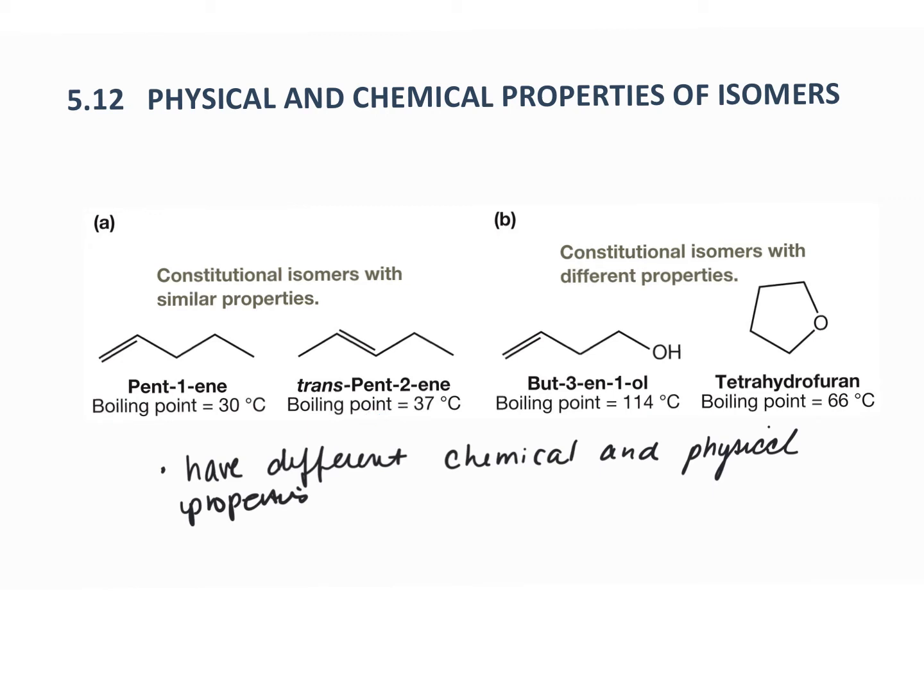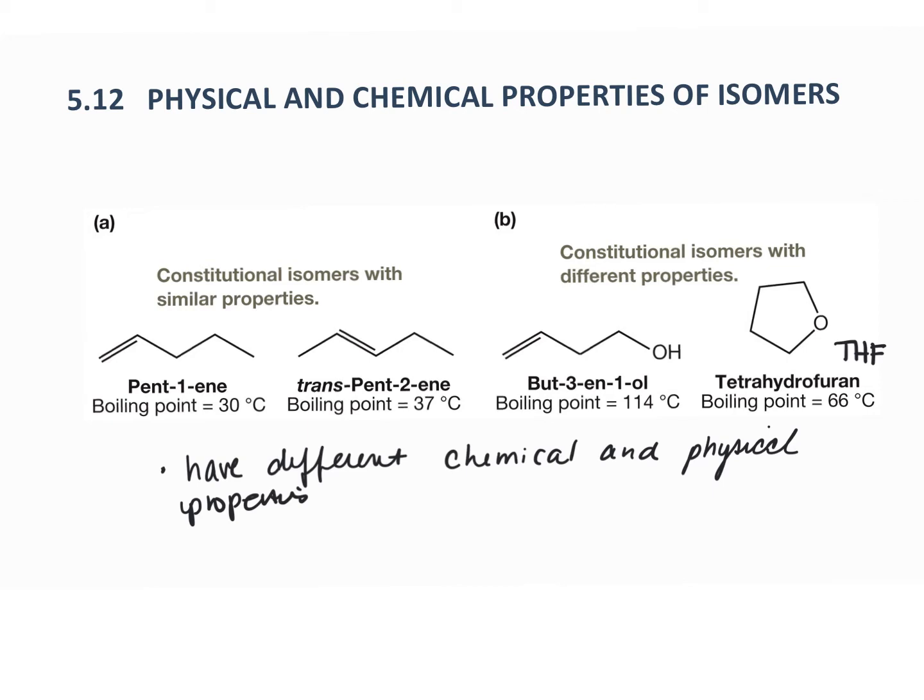But if we look at the connectivity between but-3-en-1-ol and tetrahydrofuran, which is often abbreviated as THF, a common solvent that you're going to see, we can see that these boiling points are much different, right? Part of the reason is that this constitutional isomer can have hydrogen bonding while this one can't. So constitutional isomers are going to have different chemical and physical properties, and how different it is just depends on that connectivity.